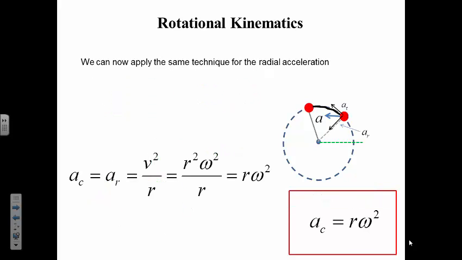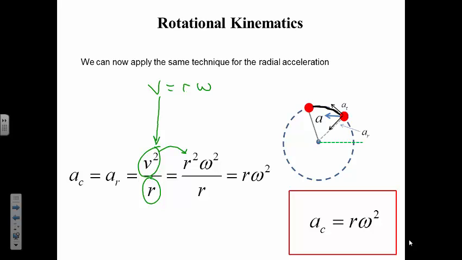Now the last one we have to think about is the radial piece, or the centripetal piece. The centripetal piece was related through v squared over r. But we know that v is equal to r omega, so we can substitute that in, and we get r squared omega squared over r.